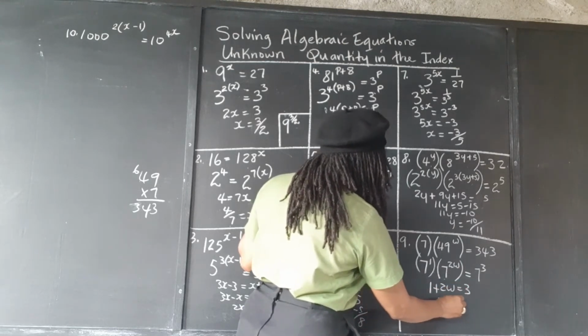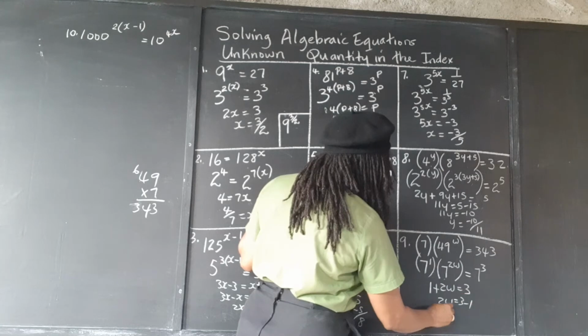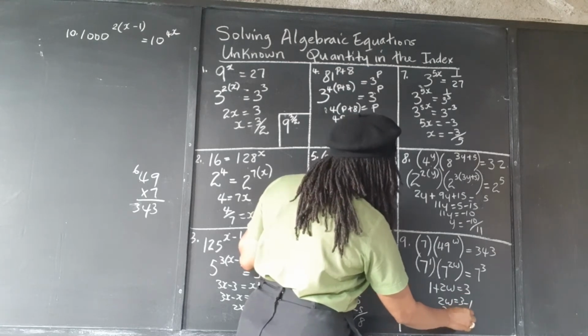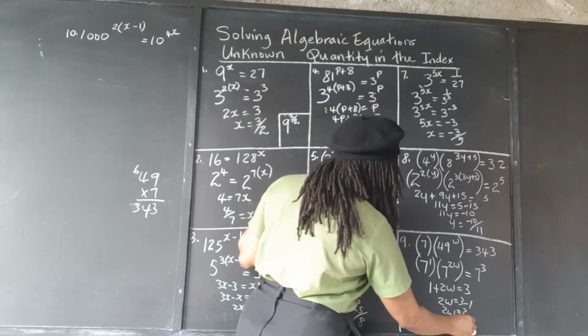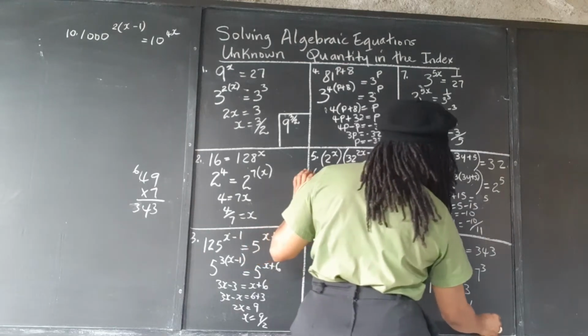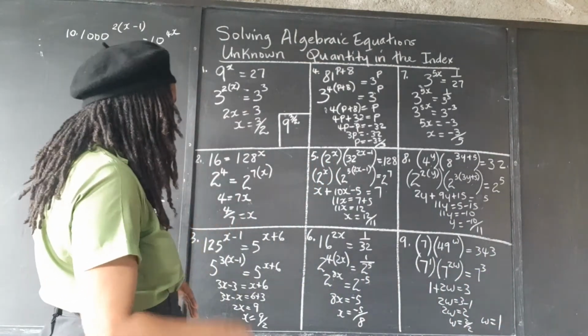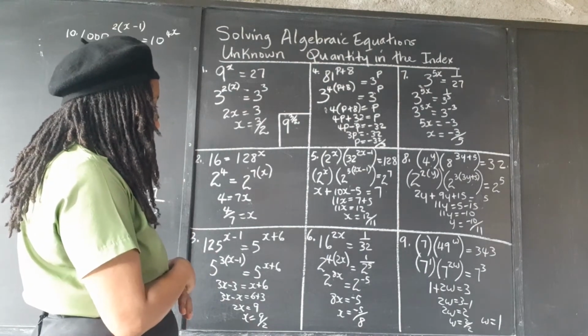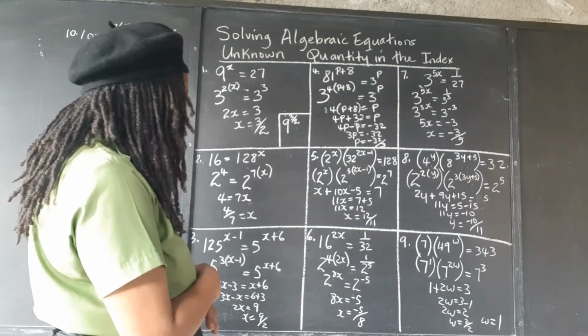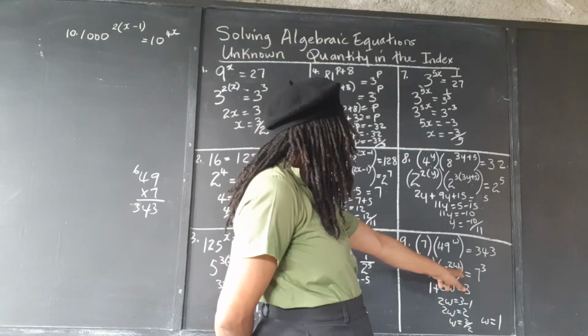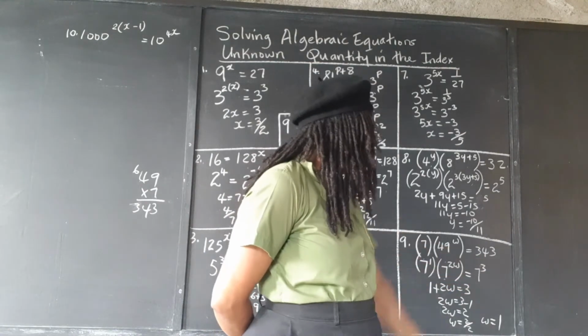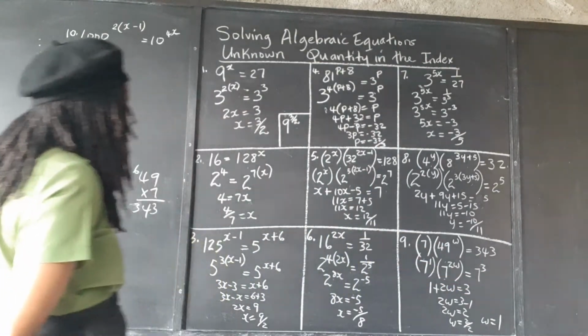So 2w is equal to 3 minus 1, which is 2. So w is equal to 1. W is equal to 1. Okay. And it stands to reason because 2 ones are 2, 1 plus 2 would give 3. So it stands to reason.